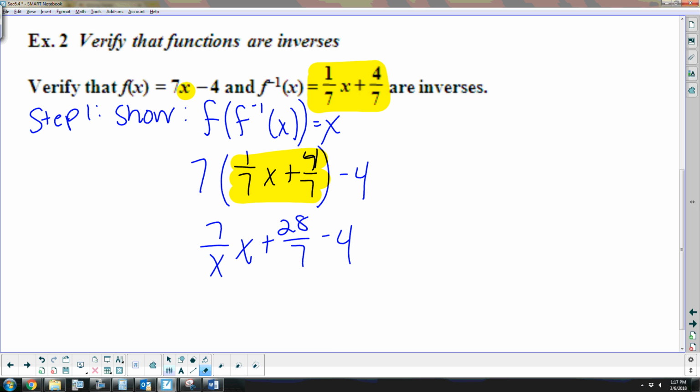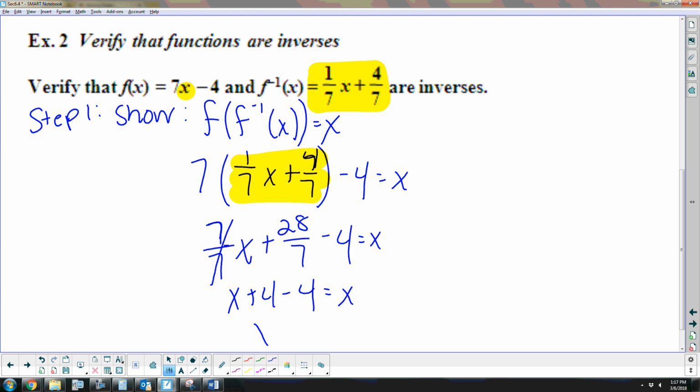Let's go x again. All right, 7/7 times x, which is x, plus 4 minus 4. That cancels out. This is 4. 28/7 is 4 minus 4. So we want to show that that's equal to x. And in this case, yes, x equals x. That's true.